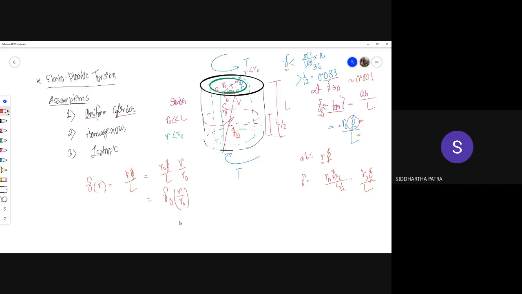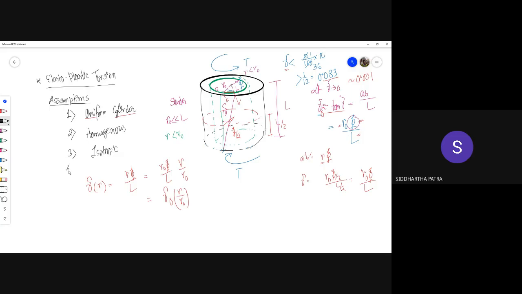So much like bending, where the axial strain, or the normal strain, was directly proportional to the height, irrespective of whether you were in the domain of elasticity or plasticity, in this case also, the shear strain is directly proportional to the radius, irrespective of whether the deformation is taking place within the elastic limit or not.